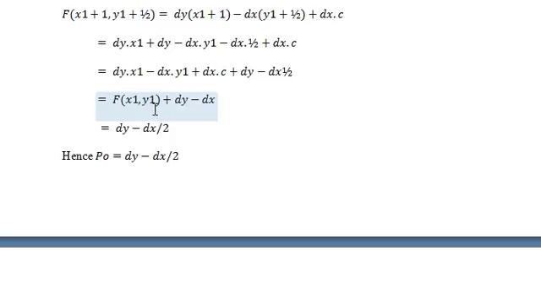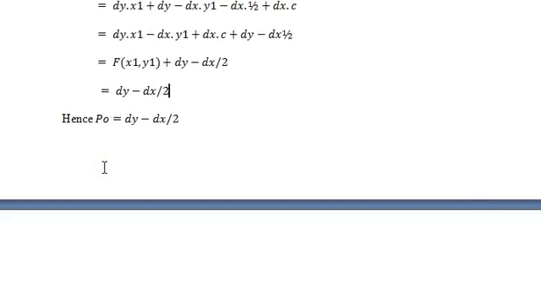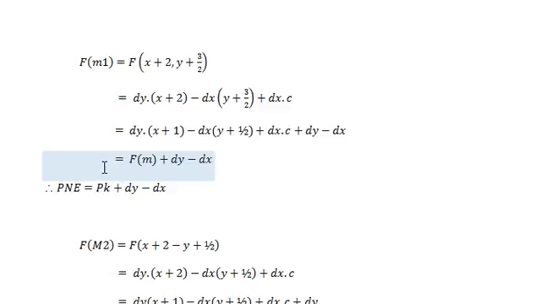We know this x1 comma y1 lies on the line, so this value is equal to 0. So we get dy minus dx by 2, that is dy minus half dx. We consider this as p naught, the first decision variable.